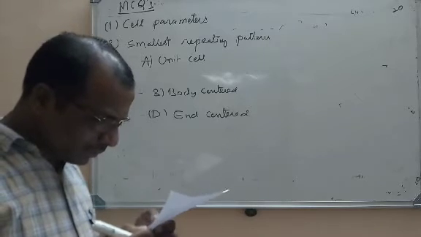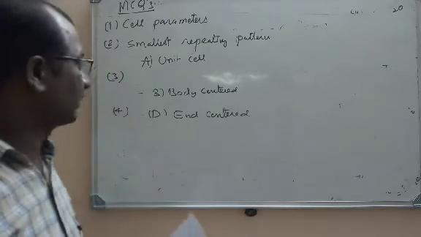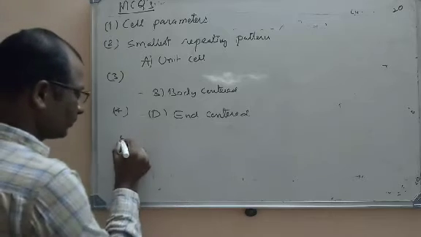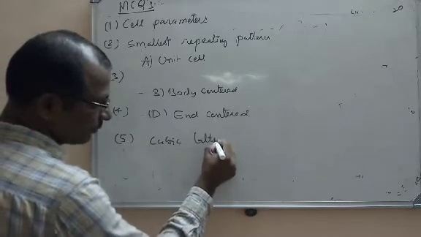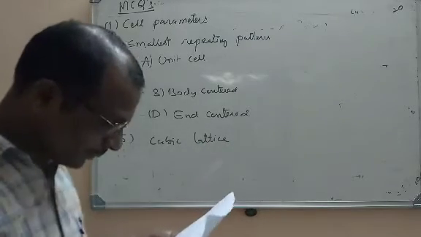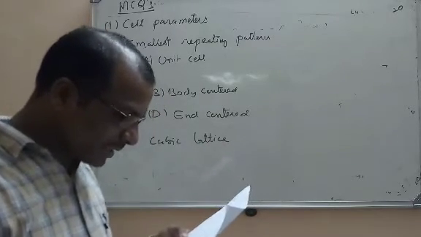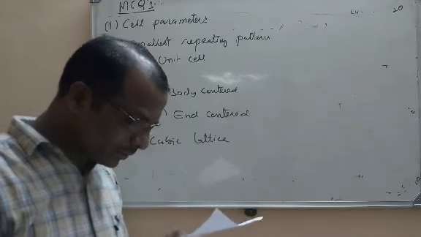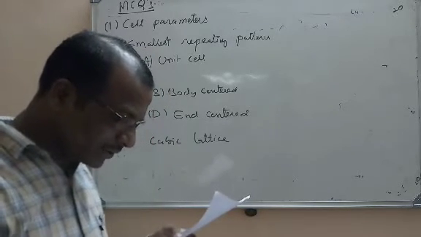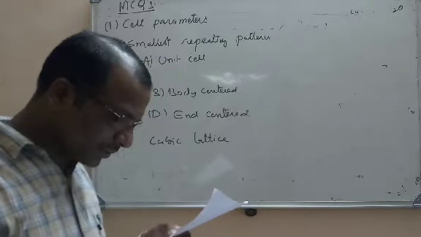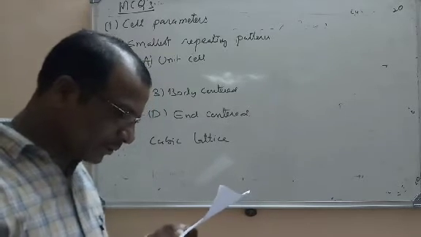Next, for a cubic lattice, what is the right option? First one, a is equal to b is not equal to c, alpha is equal to beta is equal to 90 and gamma is equal to 120.